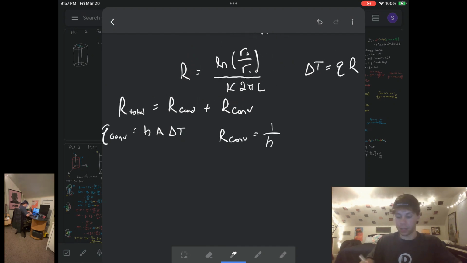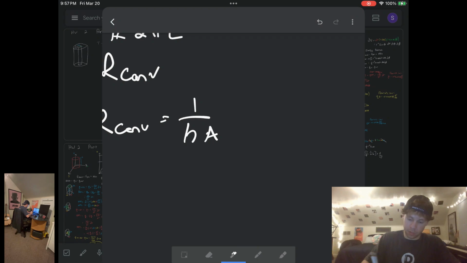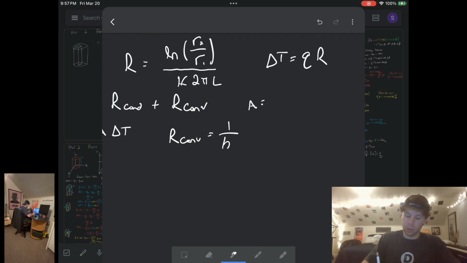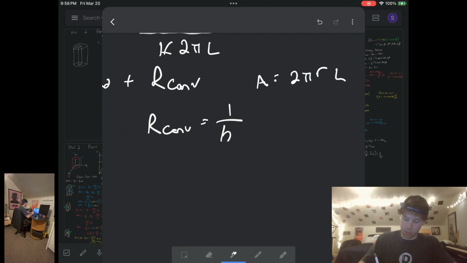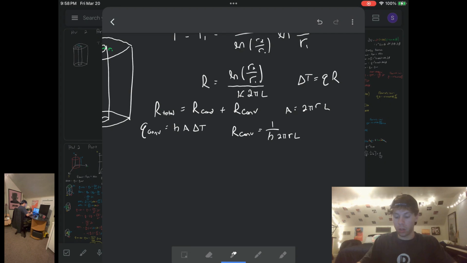And our area in this case will be 2 pi R L. So 2 pi times our radius times our length. So writing that in, that's what we'll get for our equation for our thermal resistance.